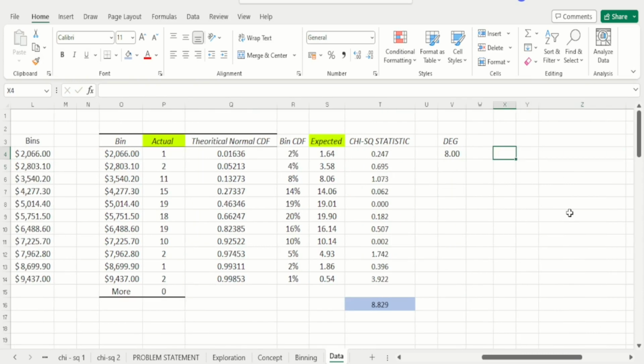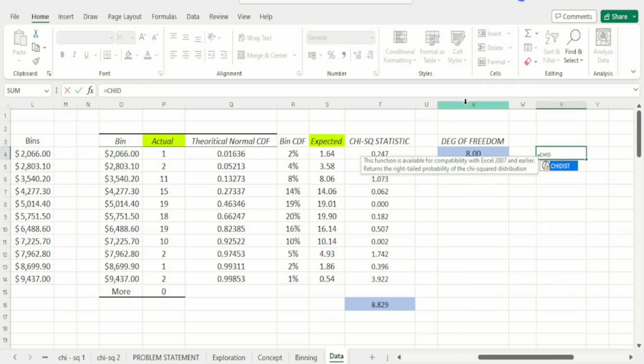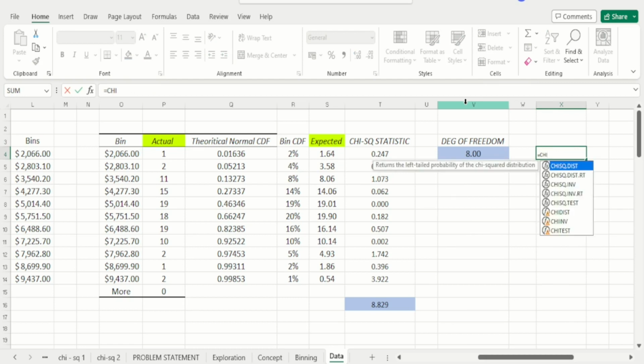Okay, and as one final step, we have to use these 2 pieces of information, the chi-square statistic that you've calculated and the degrees of freedom, to determine the final p-value. The way you can do this is by using a CHISQ.DIST function. The function will allow you to generate that number.